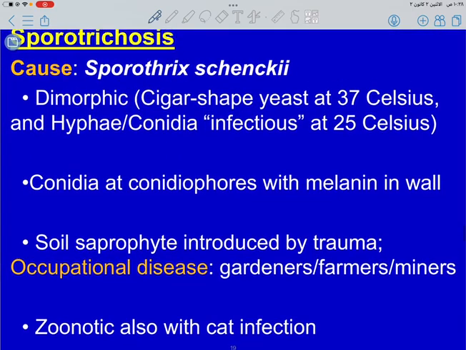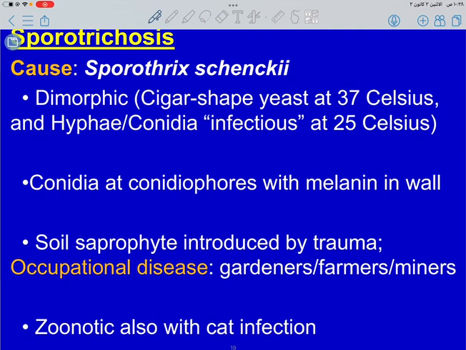Sporotrichosis. The causative fungus is called Sporothrix schenckii. دكتور، كل هاي الأسماء، believe me, if you read them one or twice, you will be familiar with them.